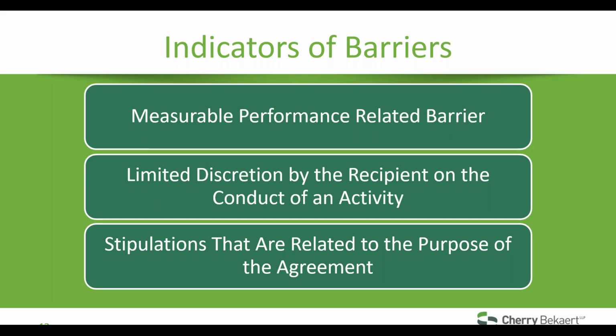The other type of barrier that could be present is there could be limited discretion by the recipient on the conduct of a specific activity. So, for example, you have to hire specific individuals as part of the activity. You have to adhere to specific research protocols. And the one that will be present in a lot of our grants is you have to follow specific guidelines about qualifying allowable expenses.